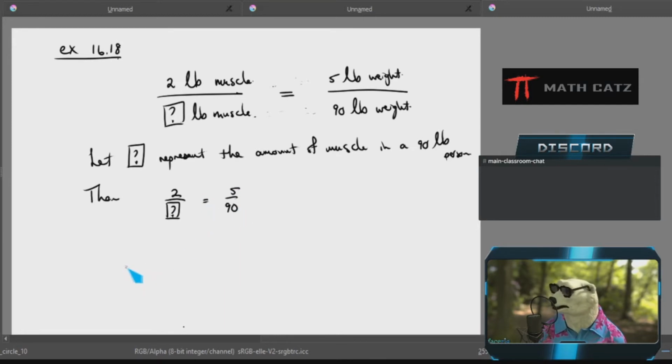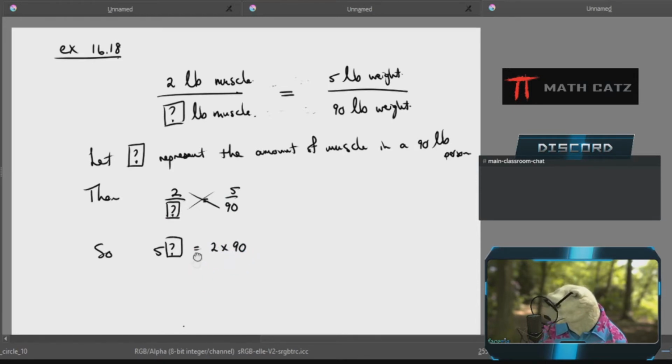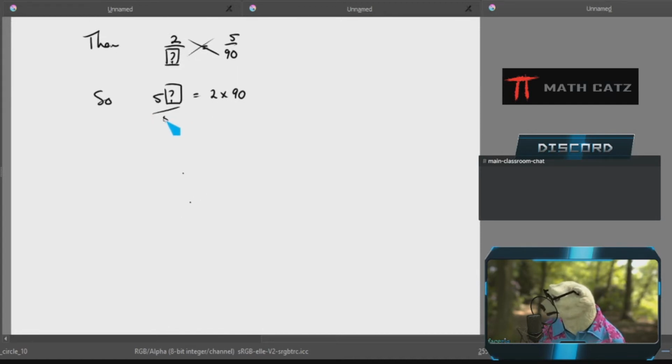I don't think so, honestly. Cross multiply because it's a ratio equation. So 5 times question mark. I always put the pair with the variable on the left because it's going to be nice and presentable. Next, I divide both sides by 5 and I see my answer right away. It's right there. Let's do it.